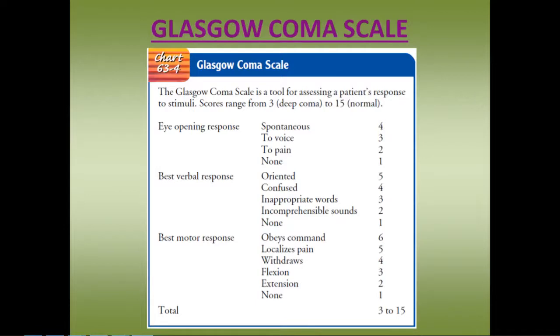So we usually use this to assess the level of consciousness of our patients. There are 3 aspects of behavior that are independently measured as part of an assessment of a patient's GCS. So we have here the motor responsiveness, we have here the verbal performance or response, and we also have here your eye-opening response.